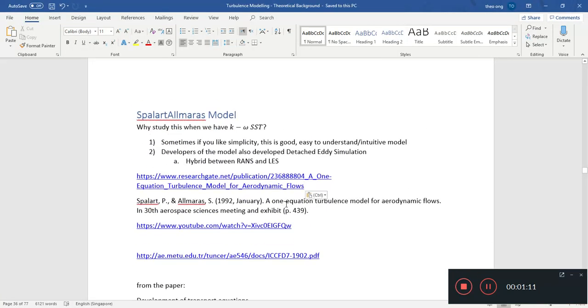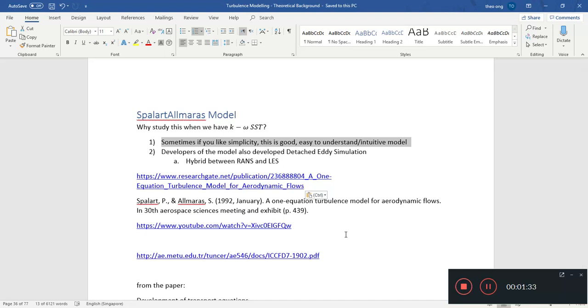So why do we want to study this Spalart-Allmaras model if we have the k-omega SST, especially if you looked in the video series and you saw the k-omega SST? Well, one good thing is that it's a pretty simple model, because you're not solving the transport equations for k and omega.